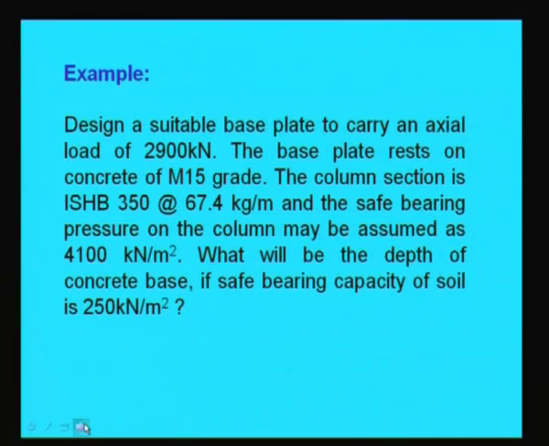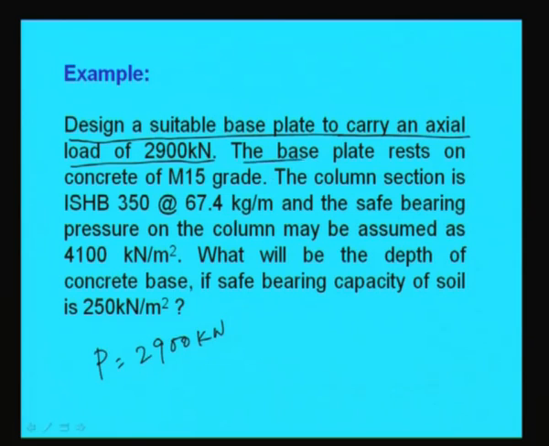Now this will be clear if we go through one small example. Whatever discussions we have done here, through that we will go through one example, then we will be clear, right. What is the example? Design a suitable base plate to carry an axial load P equal to 2900 kilonewton.